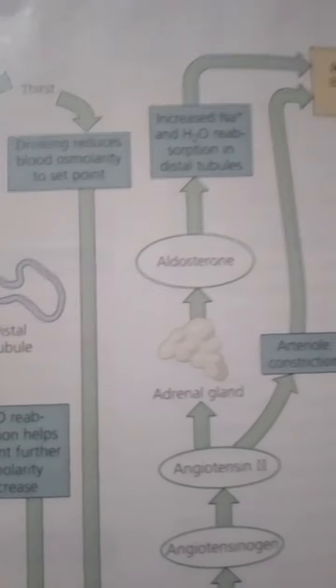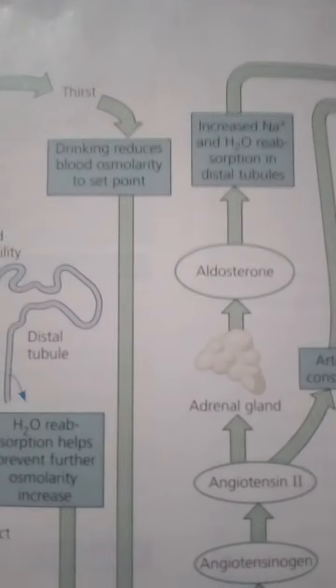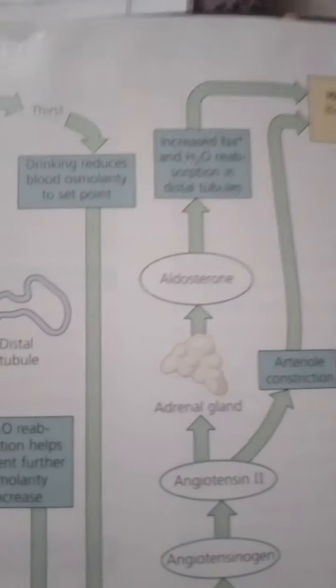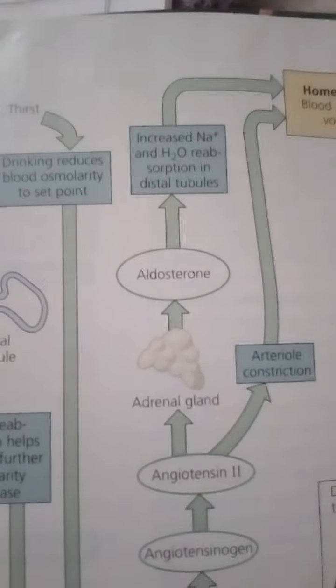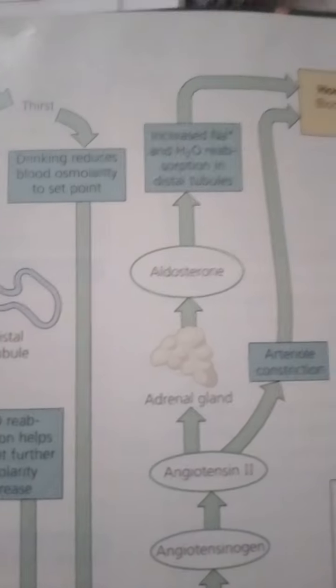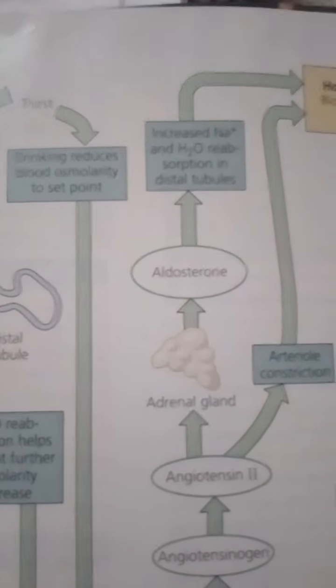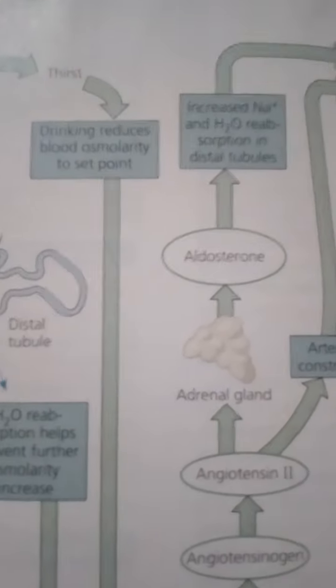The countercurrent-like characteristics of the loop of Henle and the vasa recta make it easier to maintain the steep osmotic gradient between the medulla and cortex. However, any osmotic gradient in an animal will eventually be eliminated by diffusion unless energy is expended to preserve it.